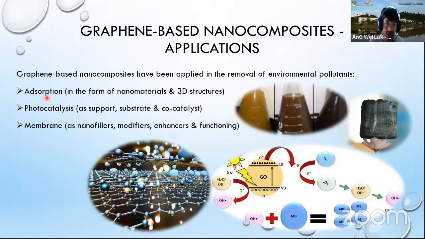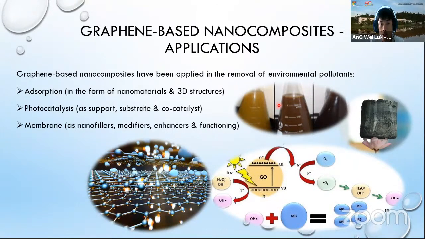For adsorption, graphene-based materials are used as nanomaterials themselves or in three-dimensional structures. For photocatalysis, they can be used as a support, substrate, or core catalyst. And for membranes, normally they are used as nanofillers. You include the graphene materials in the synthesis of the membrane, to modify the membrane properties and structures, to enhance the performance and to functionalize the membrane.